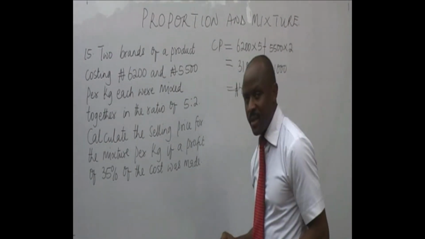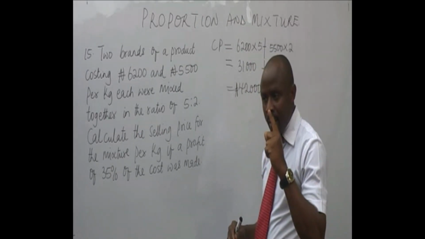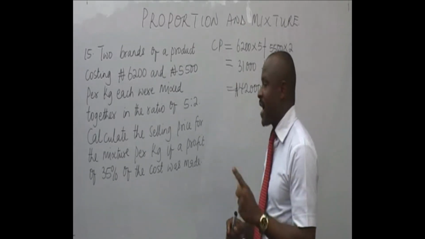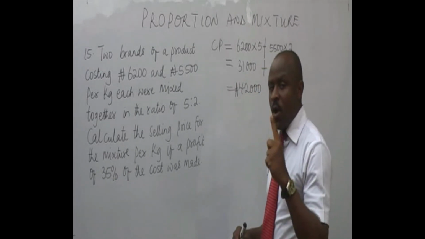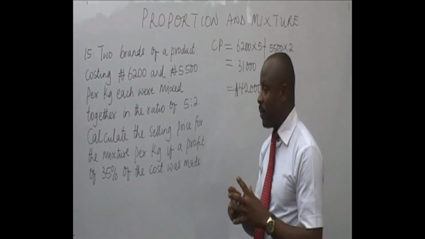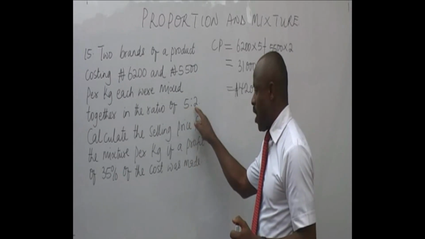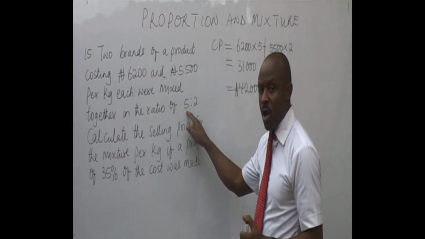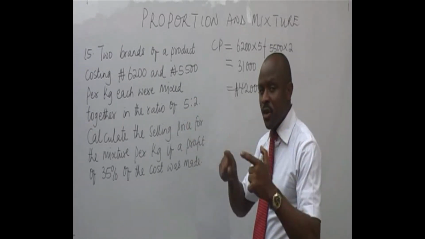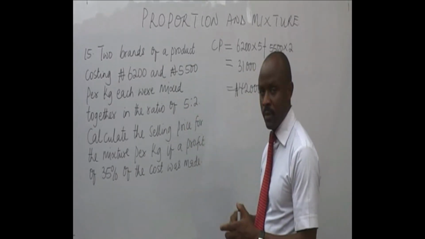Now selling price. Remember, we are talking of selling price per kilogram. So that selling price per kilogram, we are going to get the total selling price from whatever the selling price is times the sum of the ratio, because whatever is being sold is a resultant of the mixture of two things in the ratio of 5:2.